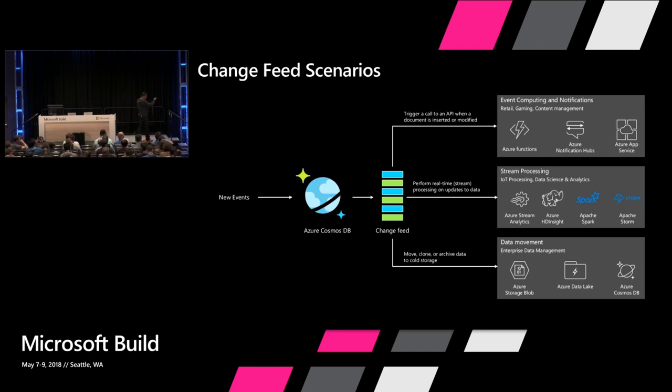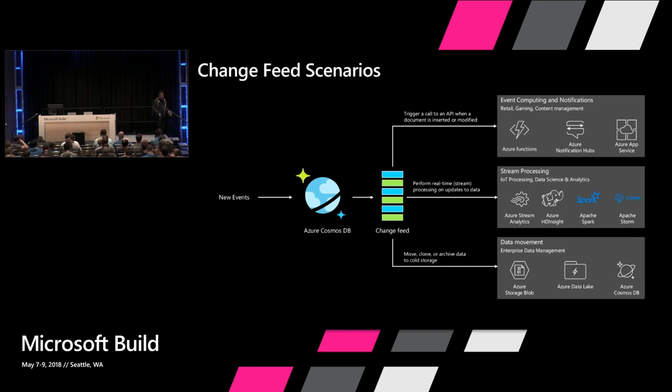Number 2 is you can do some real-time analytics using Spark, Hadoop, and all that. Today in Cosmos DB, we don't have aggregation, like group by, because it is a distributed database, and doing a group by across 1,000 partitions and billions of rows can be very, very expensive.